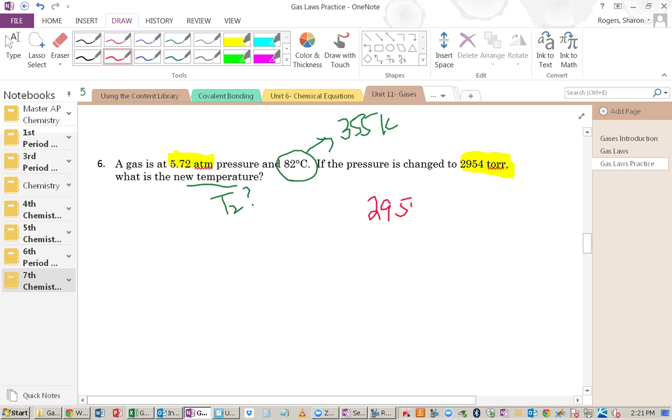So 2954 torr. And Sterling, you said how many torr is equal to 1 atm? Perfect. Notice how I put it on the bottom, just like any other conversion would be. So 2954 divided by 760 is 3.89.